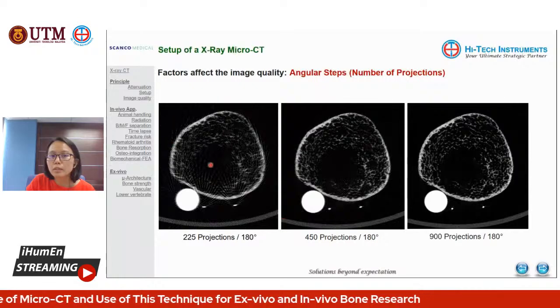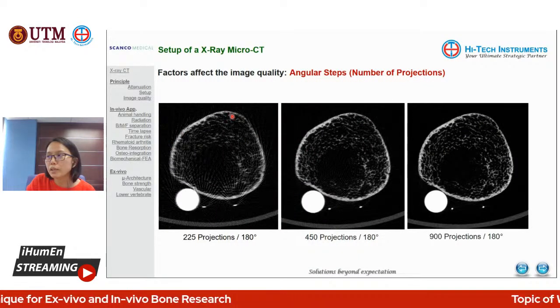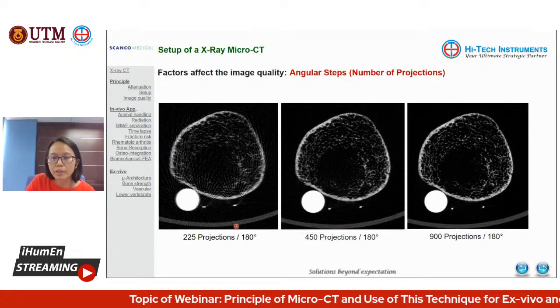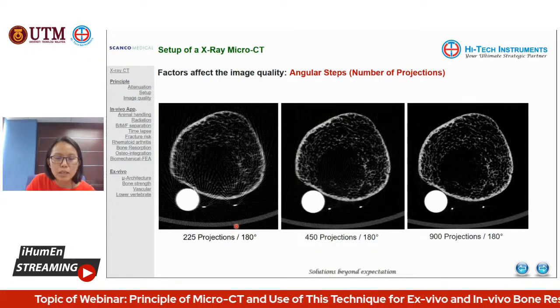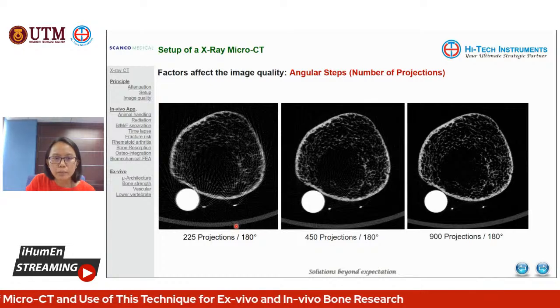For the quality of the image you capture here, you can see it improves when we increase the projection number. For 225 projections over 180 degrees, it means that every 0.8 degree of rotation, one piece of data is captured.